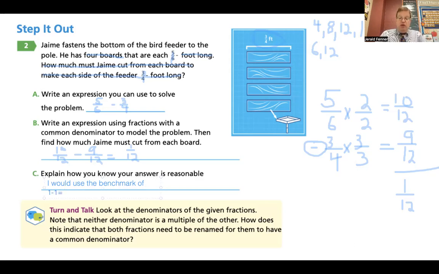So that would equal 0. And 0 is closer to 1/12. So this is basically how you do it. Make sure you find the common denominator and then add or subtract.